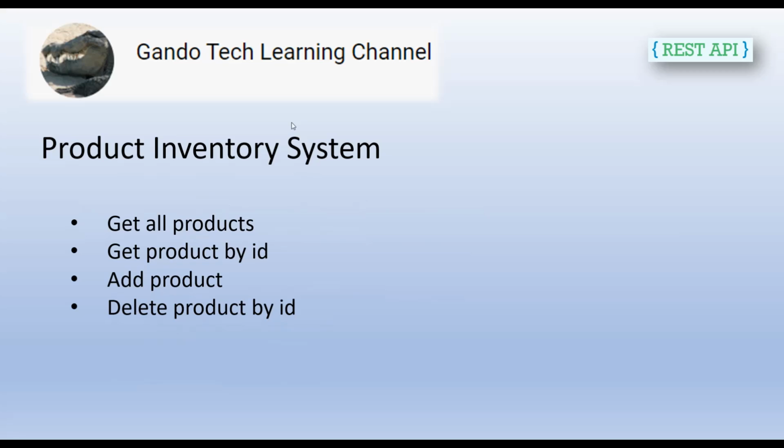Now, as part of our walkthrough, we're going to introduce a case study, which is the product inventory system. The reason I'm introducing these case studies is that these are things happening in reality. That's why I try to make the videos more practical.